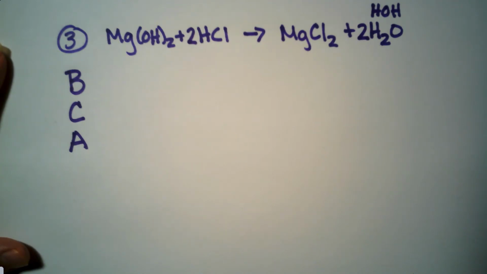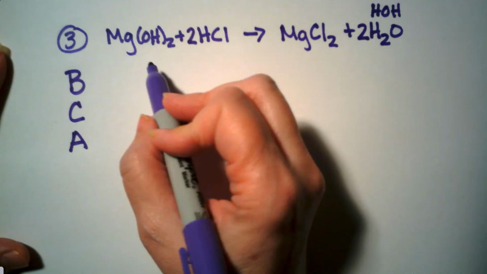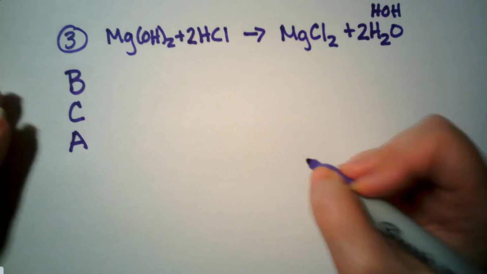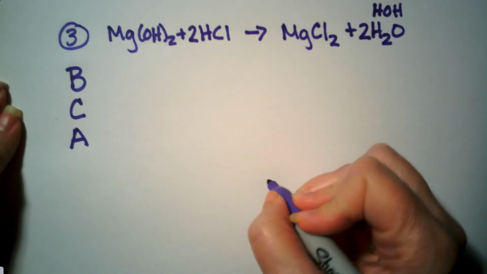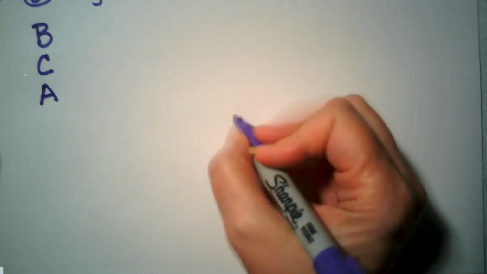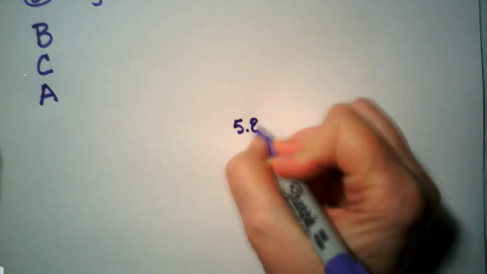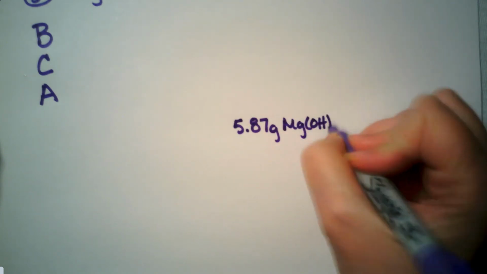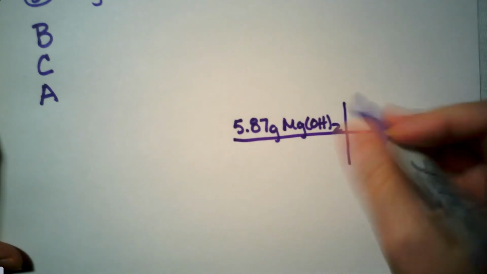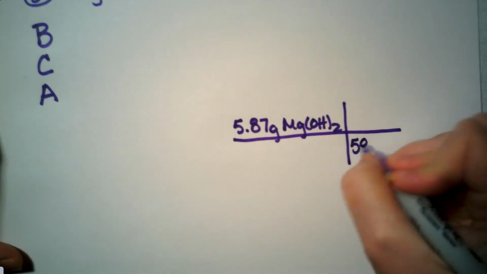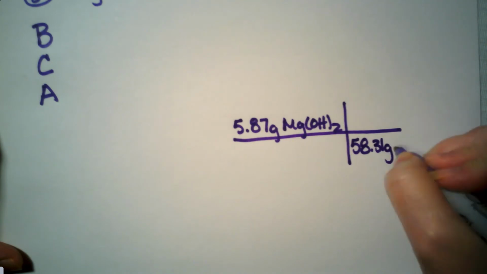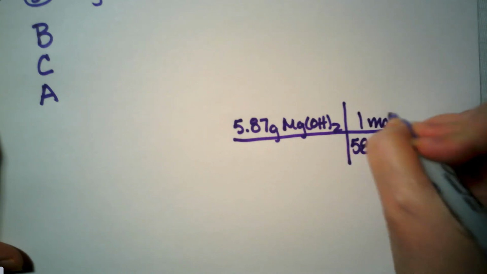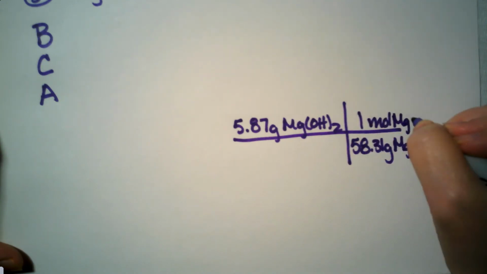We are told that we have grams for both of our reactants. So let's get our moles, do our conversions. So let me move my paper again. We've got 5.87 grams of magnesium hydroxide. Convert that out, 58.31 grams off the periodic table for every 1 mole magnesium hydroxide.